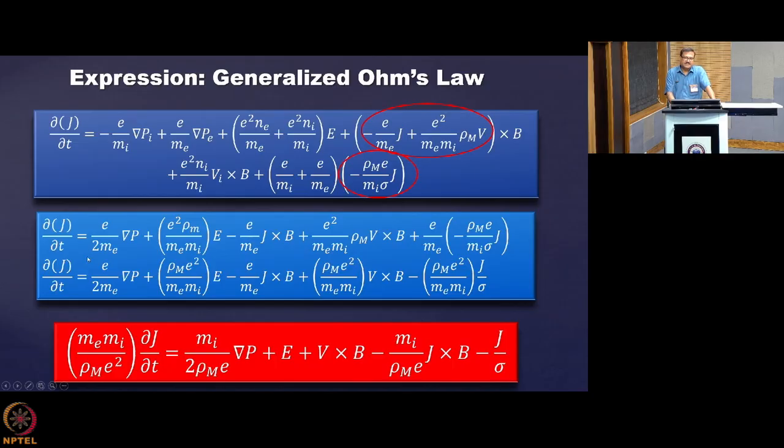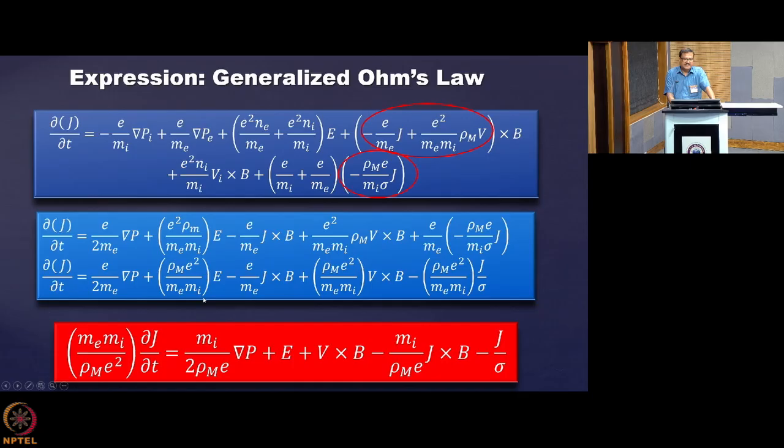Now what we are essentially getting, you see, is e square rho m by me into mi, then minus e by me into J cross B plus e square by me into mi, and then rho m into V cross B. And the last term is giving this one. So we can rearrange a bit.